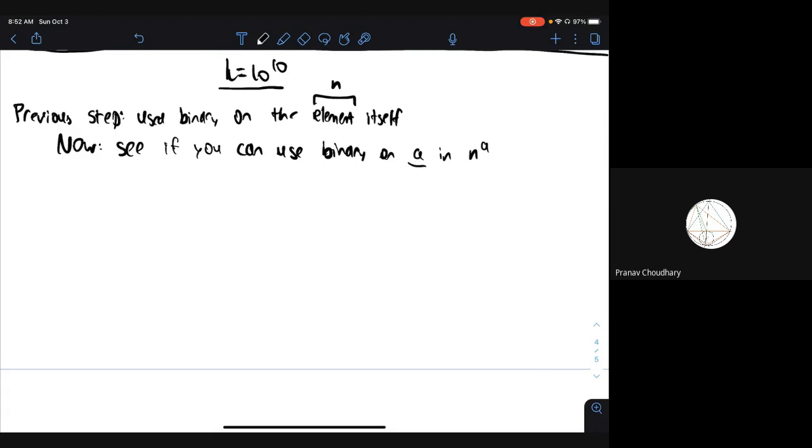So see if you can use binary on the exponent itself. Yeah, that's the hint that I'll give you guys.